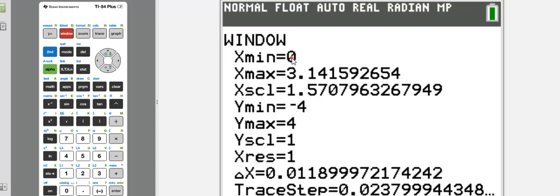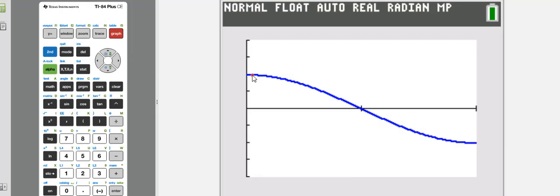My x minimum will be 0 and x max as pi, and my x scale will be pi over 2. And when you graph it, you get something like this. So this is a graph of 2 cosine of x. And notice, this is going to be pi over 2. You could double check it by finding the x-intercept.